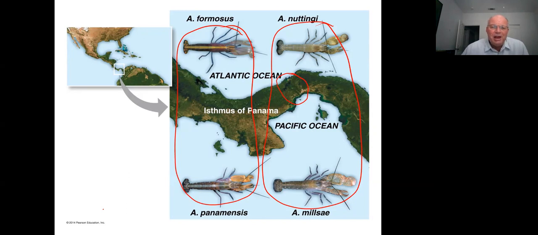Some people talk about a little later or a little further back, but most people are of the opinion it's around 12 to 15 million years ago that the isthmus permanently connected North and South America as we understand it today. And so these two species of shrimp have emerged as a consequence of being isolated from each other by the appearance of the isthmus.